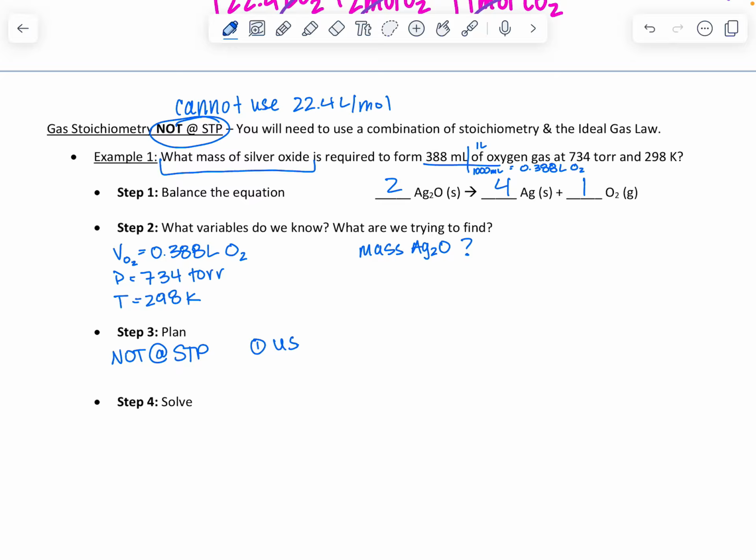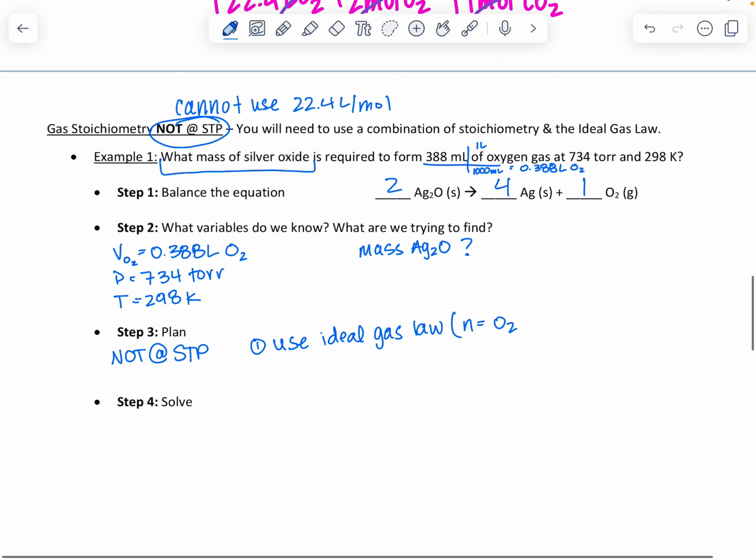So our first step is we're going to use the ideal gas law to find n of O2. We need the moles of O2 is what we're going to solve for. And then once we have that, we can just use regular stoichiometry.